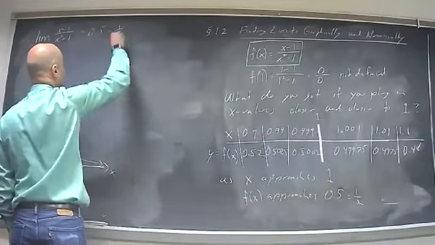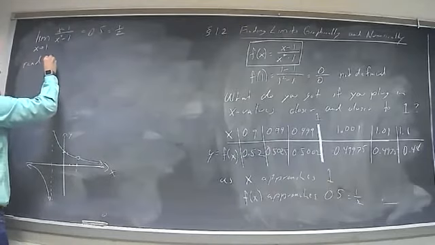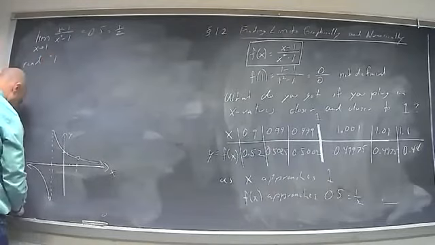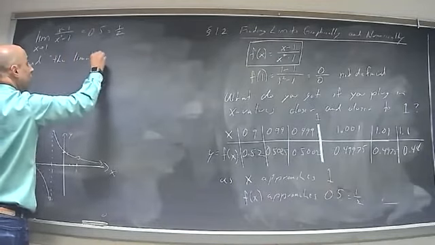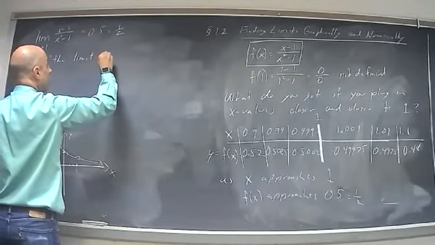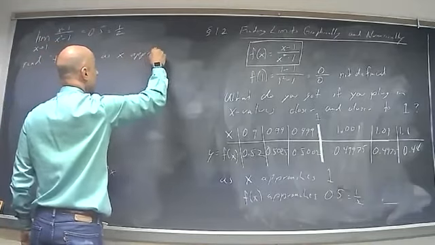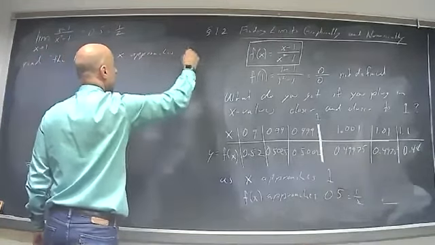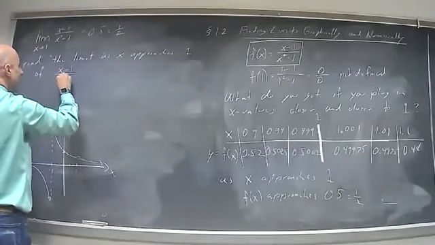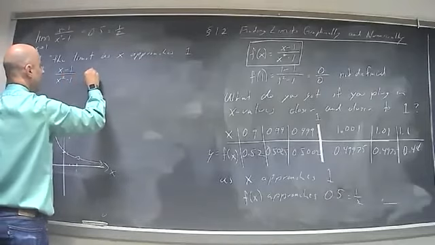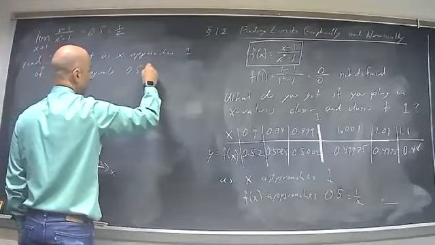So you read this: limit as x approaches 1 of x minus 1 over x squared minus 1 equals 0.5 or 1/2.